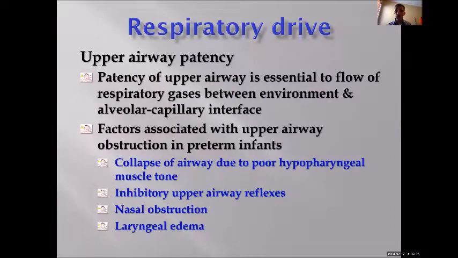Another factor affecting respiration is the patency of the upper airway. Remember that you can have inspiratory drive, but you must have a patent upper airway. There are many factors affecting the patency of the upper airway in premature babies, like poor pharyngeal muscle tone, absence of reflexes, nasal obstruction, and laryngeal edema.